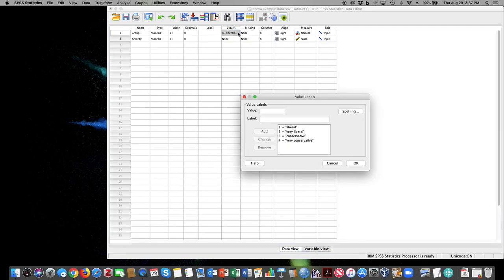You can see here, Group 1 refers to liberal, Group 2 refers to very liberal, Group 3 refers to conservative, and Group 4 is very conservative. What we want to find out is whether there are statistically significant differences in anxiety about the presidential administration based on this political affiliation category.